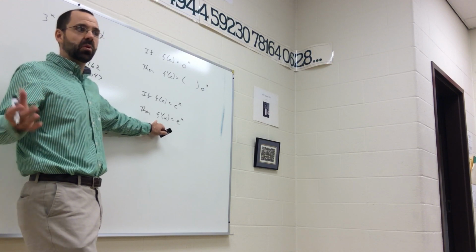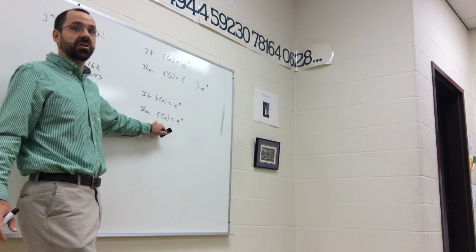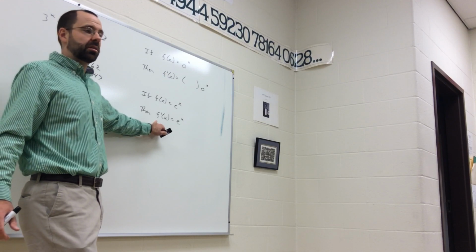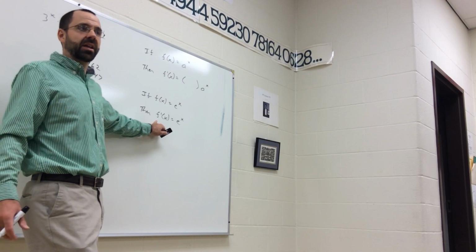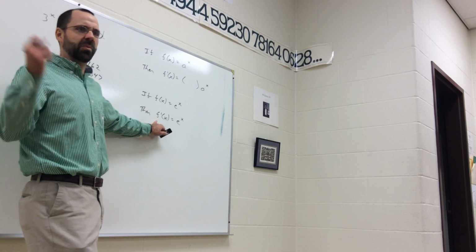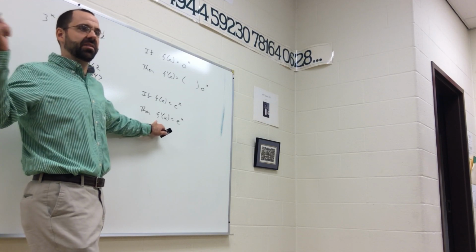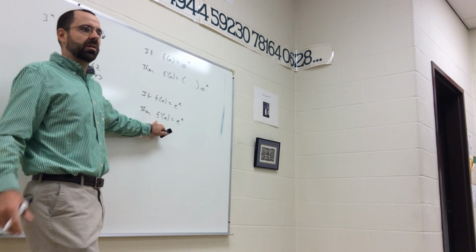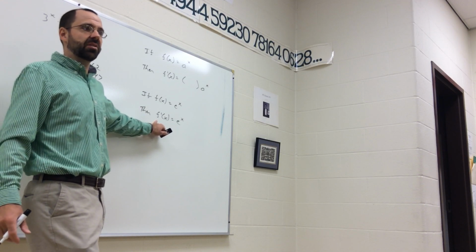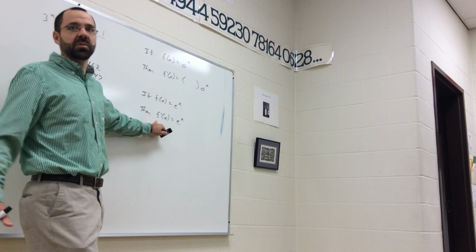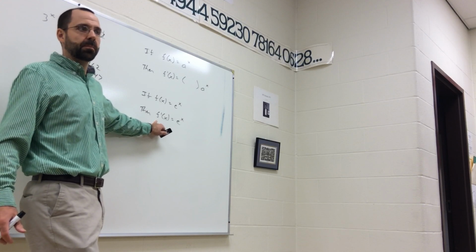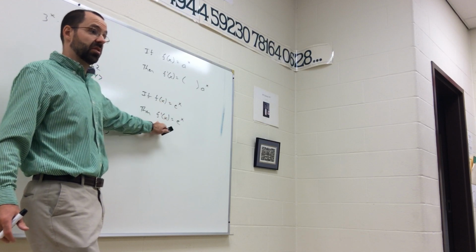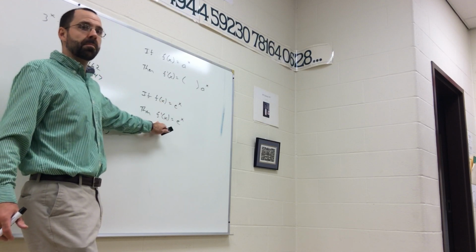But this is an example where the original function and the derivative function turn out to be the same function. So that's why e is such a big deal in calculus. And then remember when I said yesterday that I like to take the natural log of both sides? Because you can pick any log. And that's because e is such a famous calculus number that in calculus we tend to use e more. And it's because of this: if f of x is e to the x, the derivative is also e to the x.